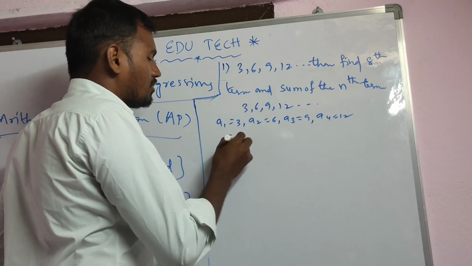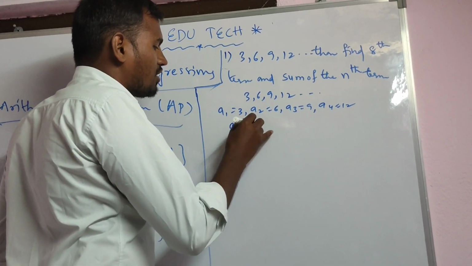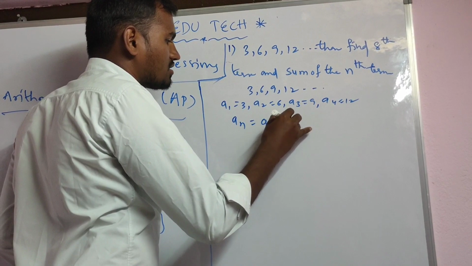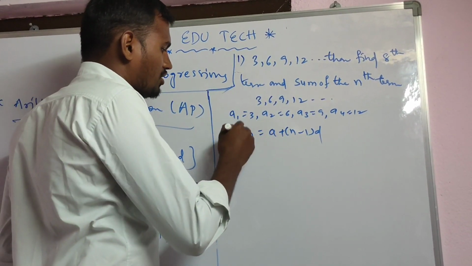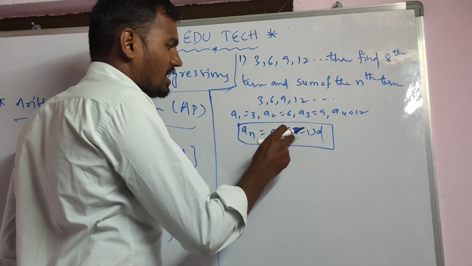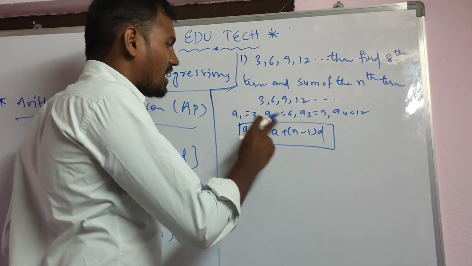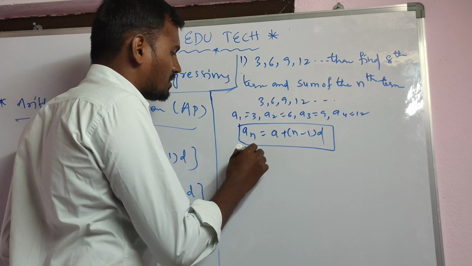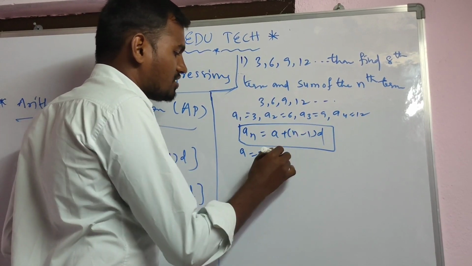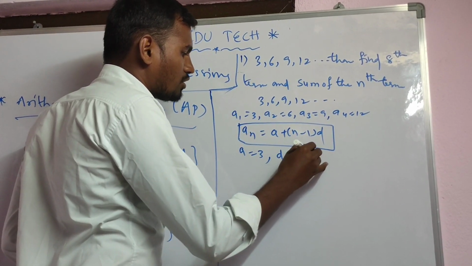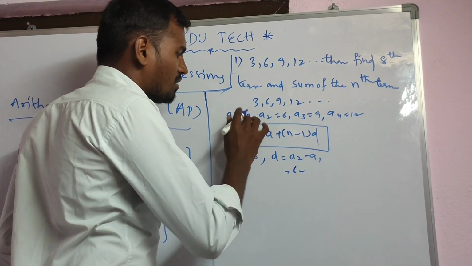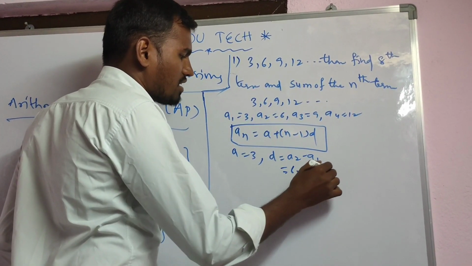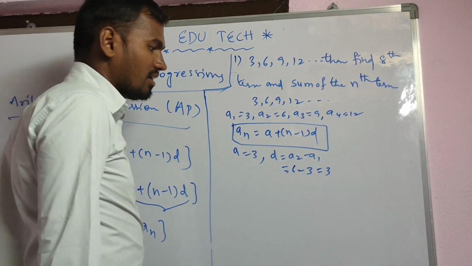You know the basic formula: an is equal to a plus (n minus 1) into d. In this we have to find a, n and d. Write down a is equal to the first term, 3. Then d is equal to a2 minus a1, that is 6 minus 3, which is 3.